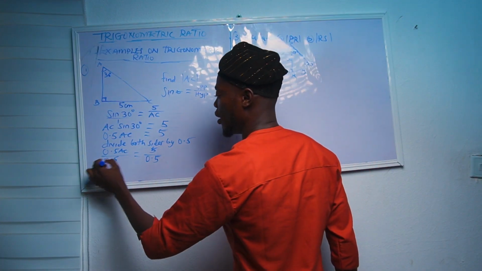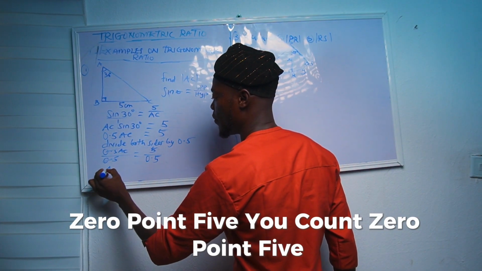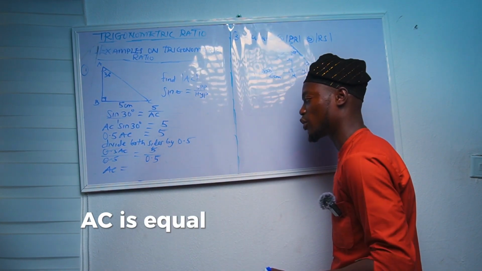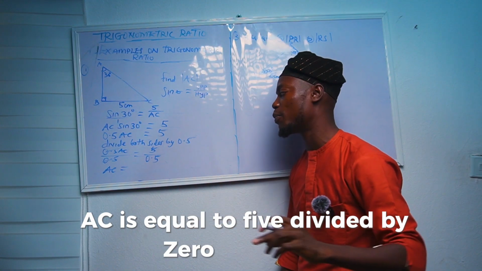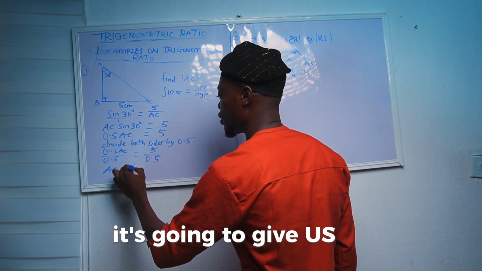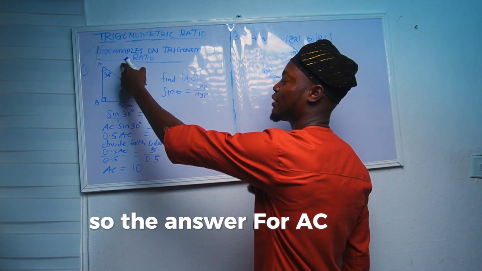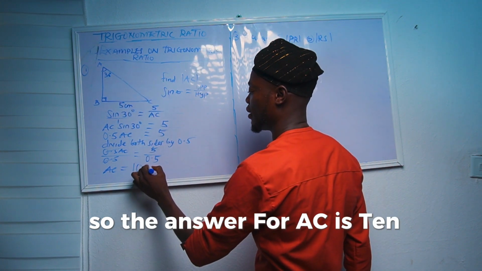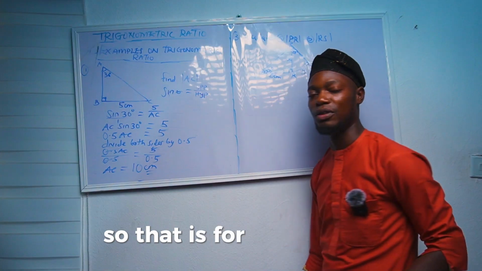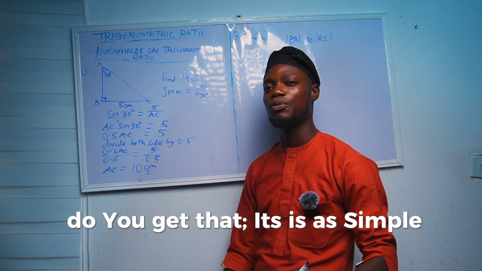The 0.5 cancels out. AC is equal to 5 divided by 0.5, which is going to give us 10. So the answer for AC is 10 centimeter. So that is for the first one. Do you get that? It's as simple as that.